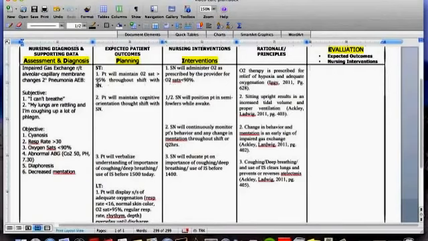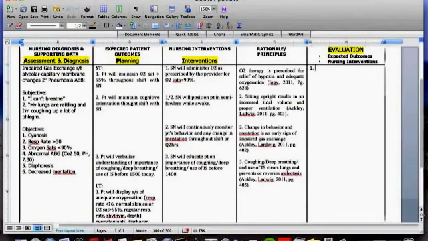So our first goal was that the patient would maintain this oxygen saturation and that we would give this oxygen therapy to make sure that this outcome was met. So it's the end of my shift, and indeed my patient did keep a good O2 sat above 95%.